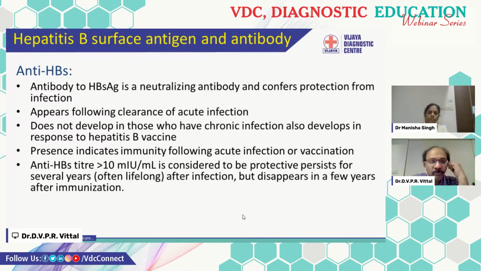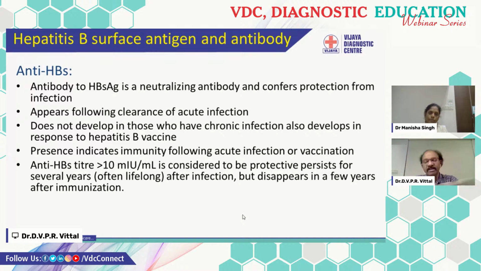Now, the value given here, anti-HBs titer more than 10 milli-international units per ml, is considered to be protective, and this particular value is for the manual microwell ELISA technique. The other methods like CMIA may give different titers for this particular antibody, which may also have a normal range.